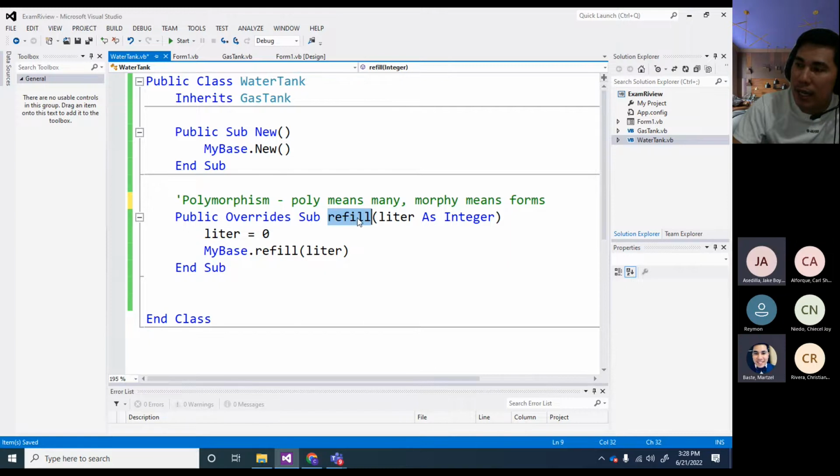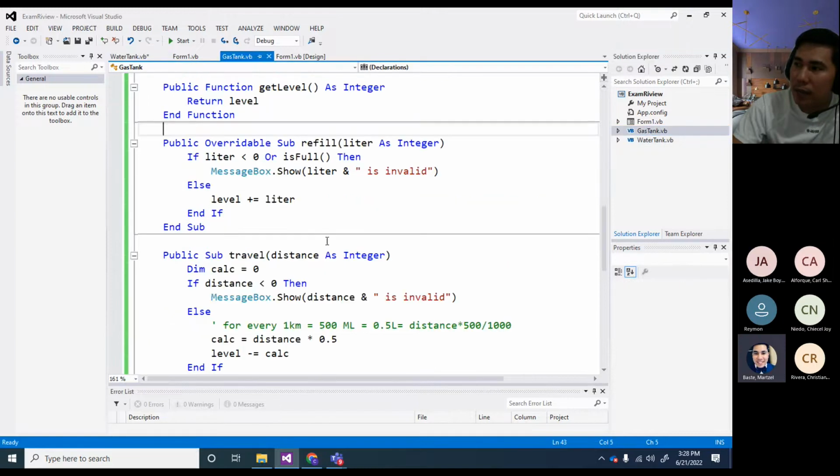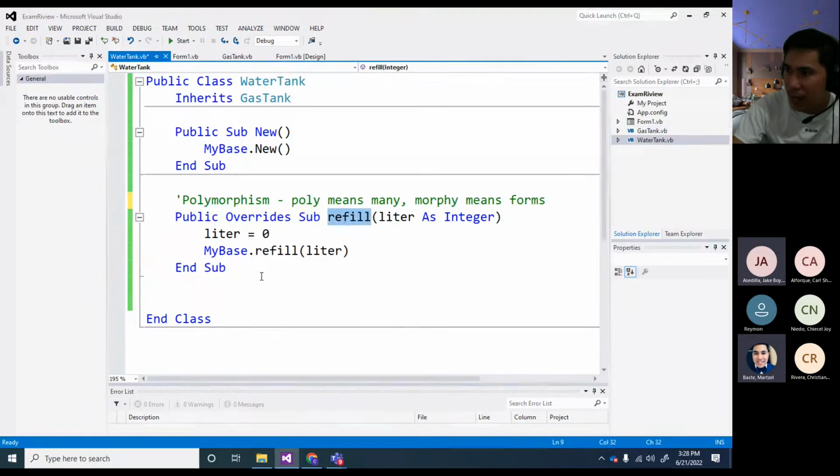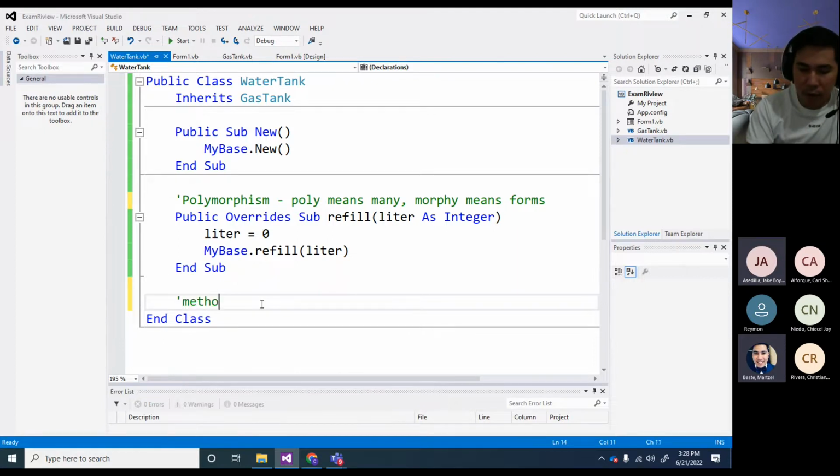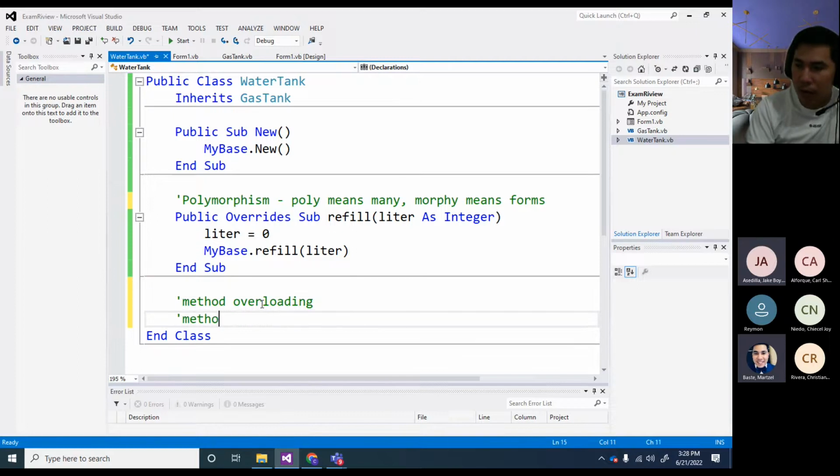So refill in the water tank and refill in the gas tank have the same name and the same behavior. So I will explain this part. We call it method overloading and method overriding.